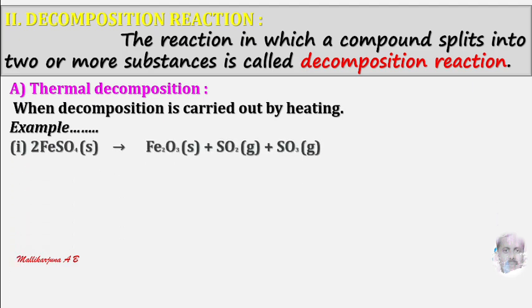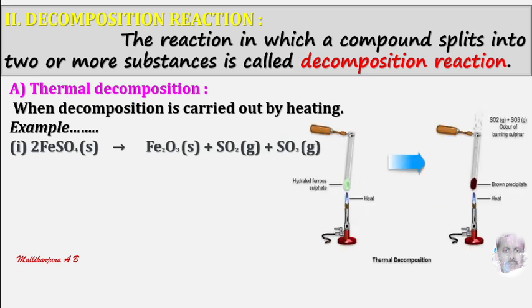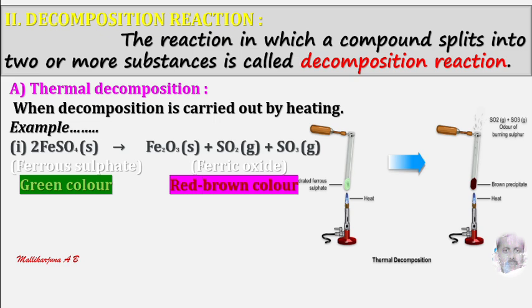Example for thermal decomposition: ferrous sulfate, on heating, forms Fe2O3 plus SO2 plus SO3. The green color ferrous sulfate turns into dark brown color ferric oxide.